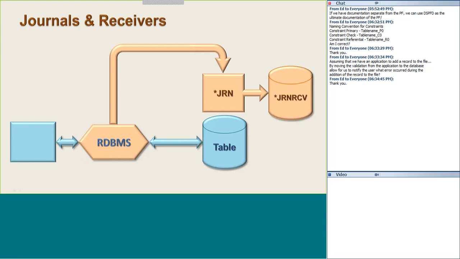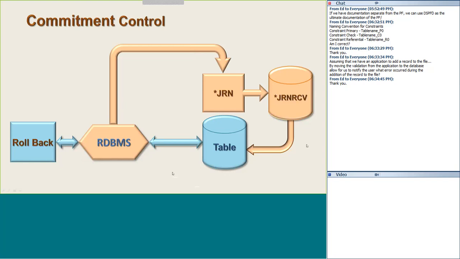As a result, the journal entry is in the journal receiver before the insert, update, delete is actually finalized for the table. So if for some reason that insert, update, or delete needs to be rolled back, then the journal receiver is used. The client issues a rollback statement, and the journal receiver entry is then rolled back over the top of the database record.